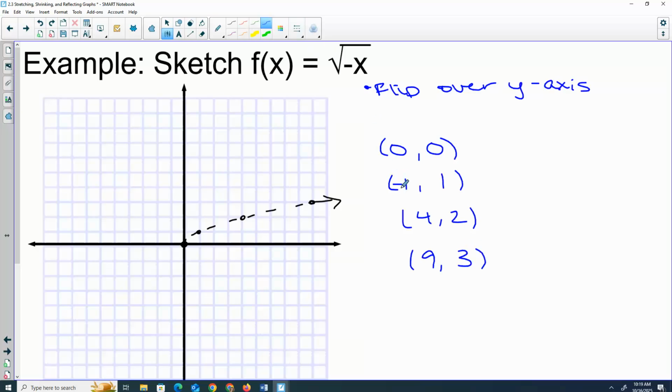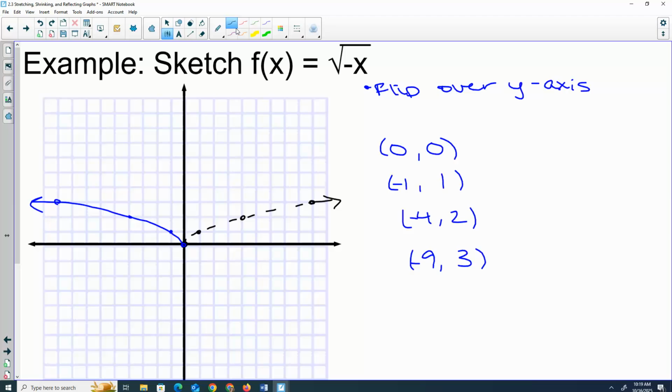It's just making all of your x's negative. Okay, so you have 0, 0, negative 1, 1, negative 4, 2, negative 9, 3. All right. Do we need more practice with the reflecting?